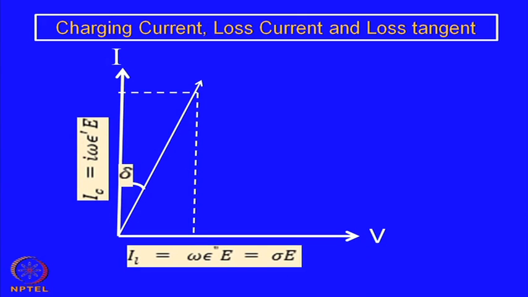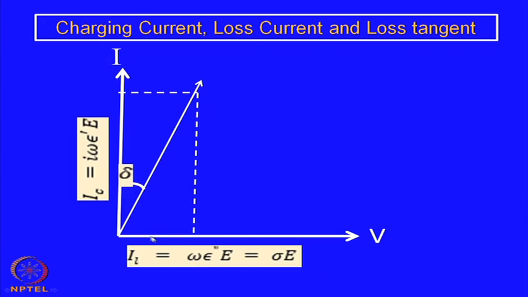As we have just discussed, there are two components of the current. One is the charging current, which is out of phase, or 90 degrees ahead of the electric field, or the voltage in this case. This is a vector diagram of current against voltage.